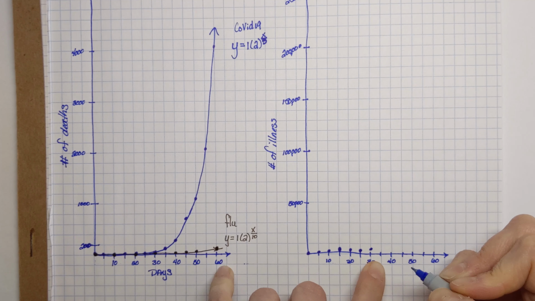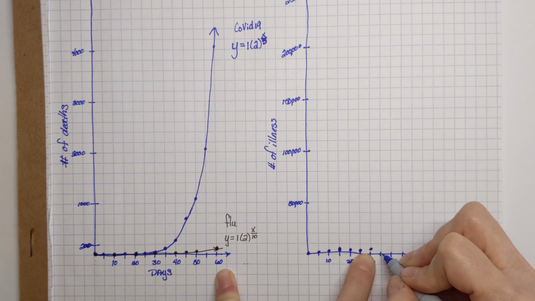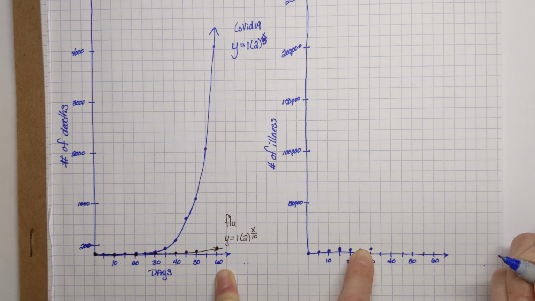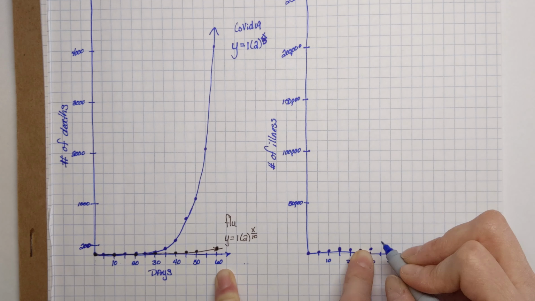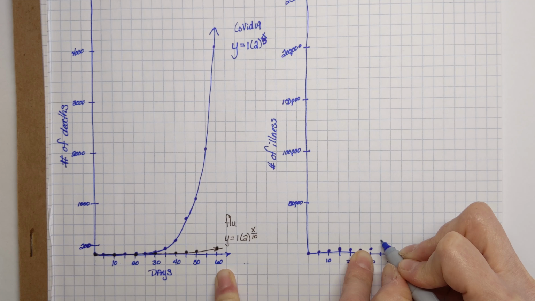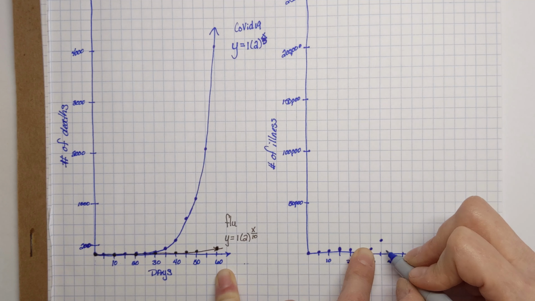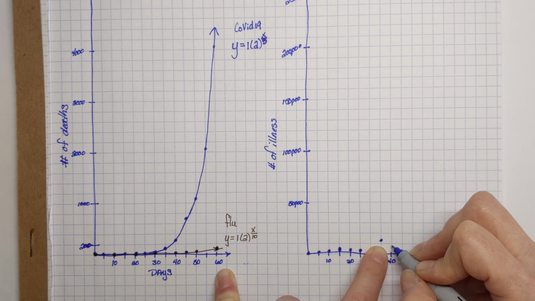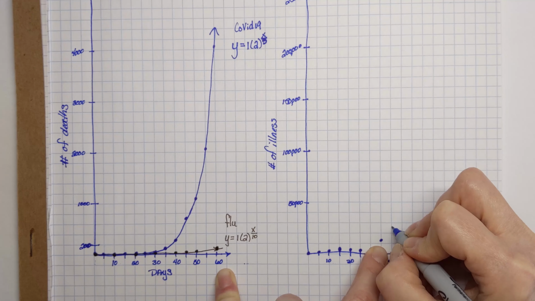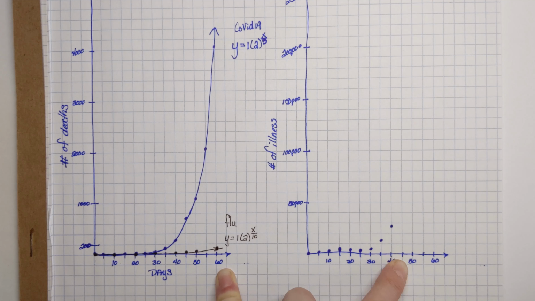And then 5 days after that, 6,400 now becomes 12,800, which is going to be up here somewhere. 12,800 doubled is going to be more like 25,000. So 20, about right here.